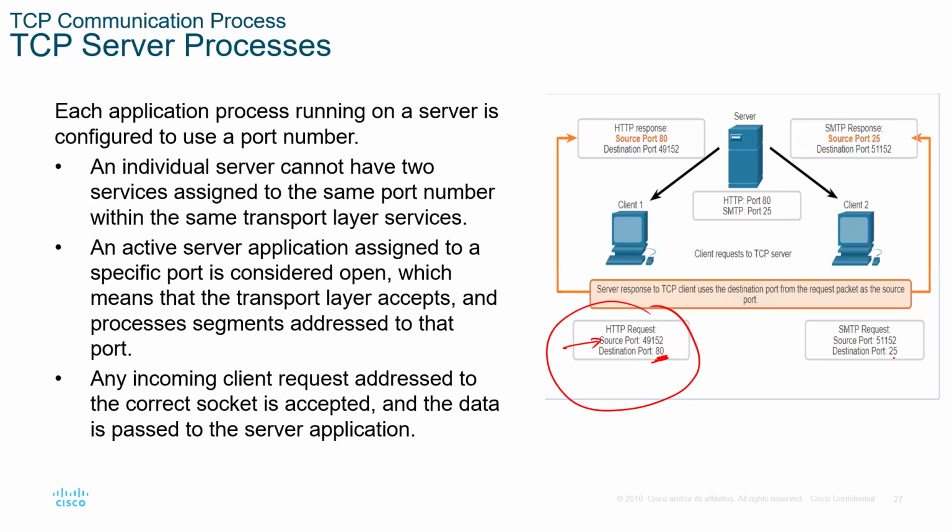Then for SMTP, the destination is 25, which is the same as the port number of the application in use. Then this one, the source port is automatically generated as well. Then when information comes from the server, so this is from the perspective of a client, the source port now becomes 80, then the destination becomes the temporary port that was dynamically assigned.